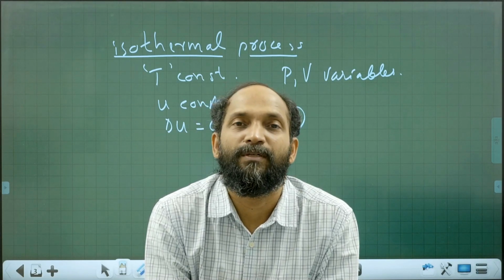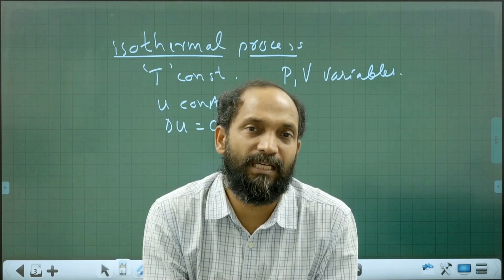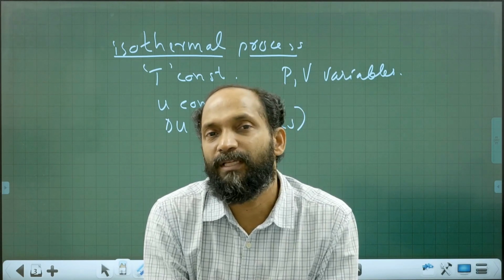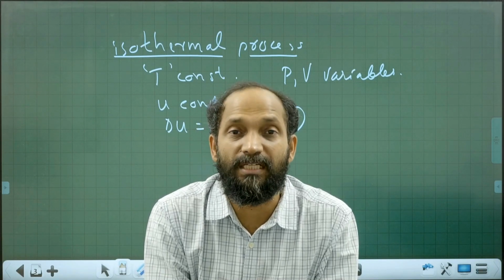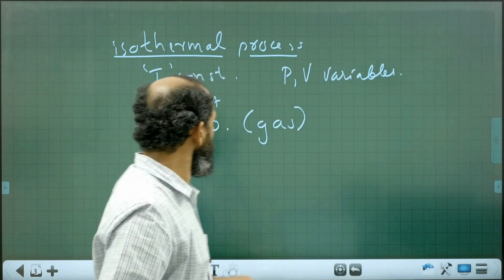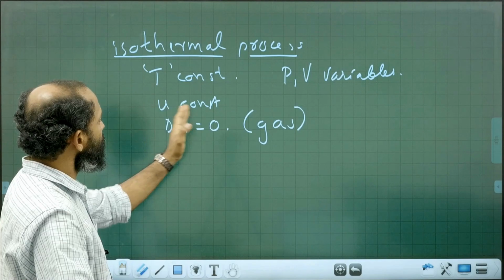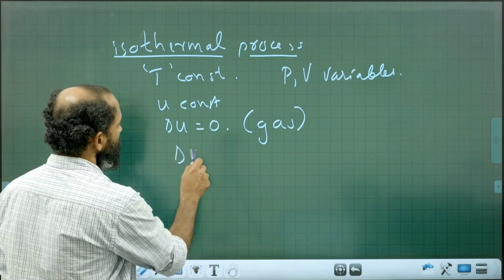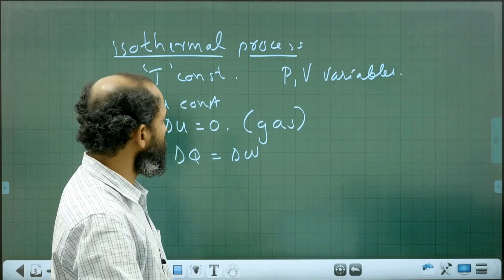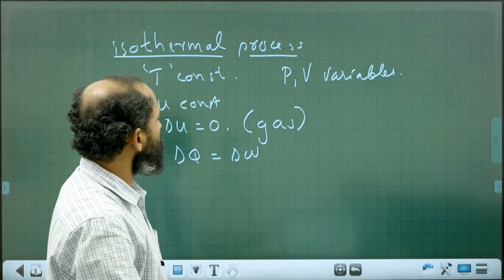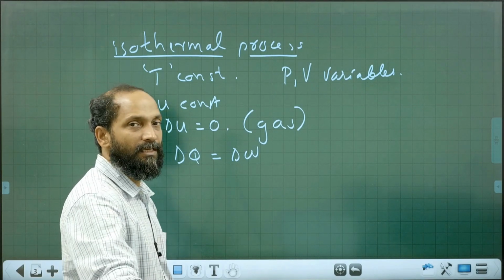But for a gas, ideal gas or real gas, when the process is taking place at constant temperature, delta U would be 0. So delta U equal to 0, temperature constant, U constant. Then the first law becomes delta Q equals delta W. So any amount of heat added to the gas at constant temperature is completely utilized in expansion.